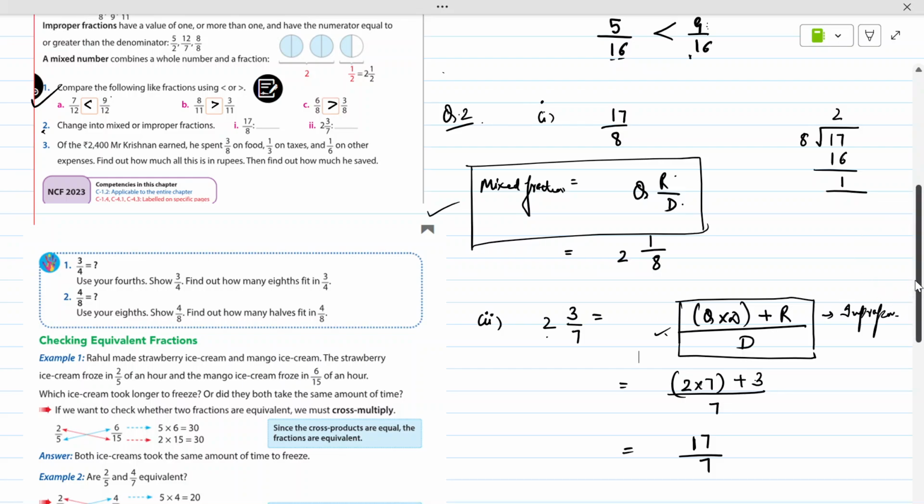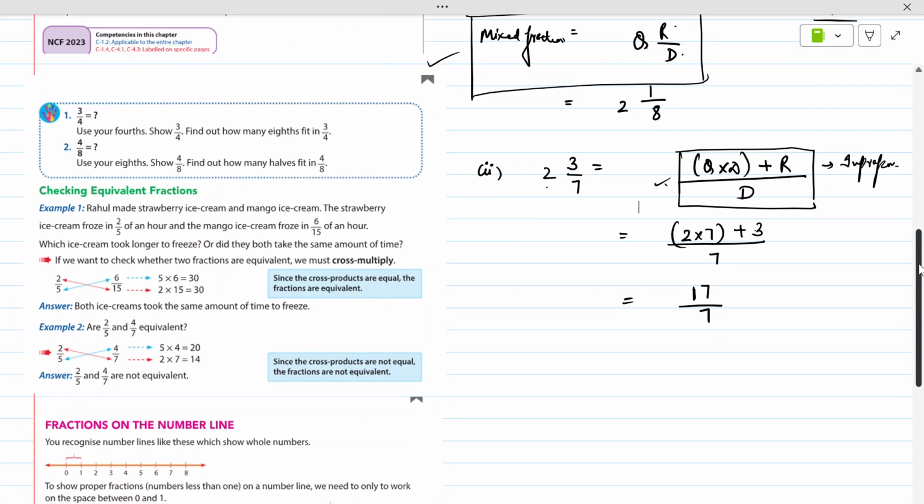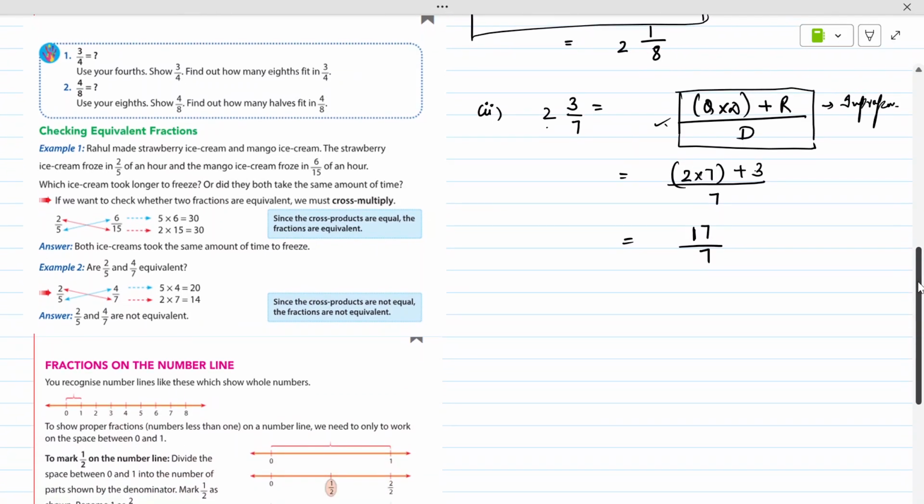Okay, next what we have is checking the equivalent fractions. So kids, first of all, what are equivalent fractions? Let's see. I'm writing here equivalent fractions. What are equivalent fractions?